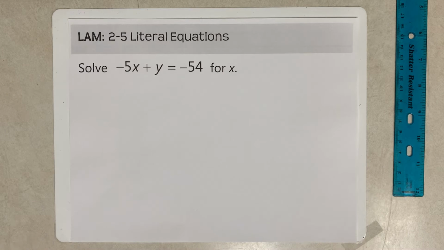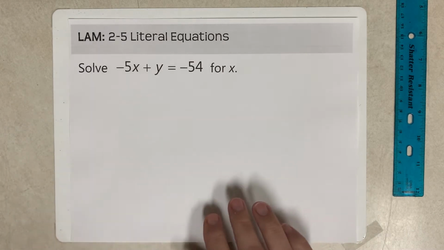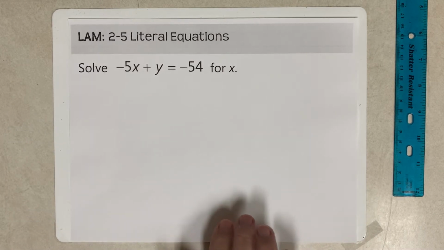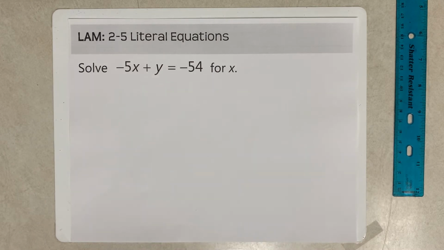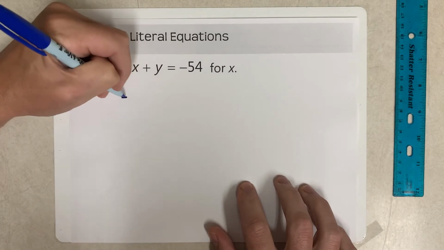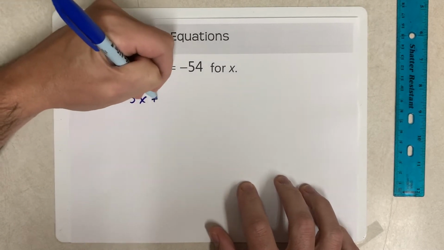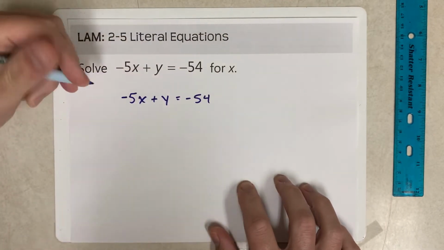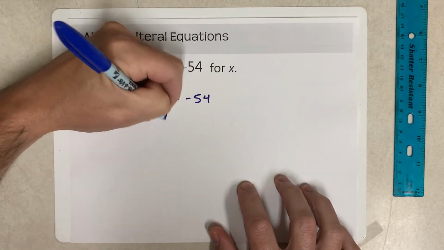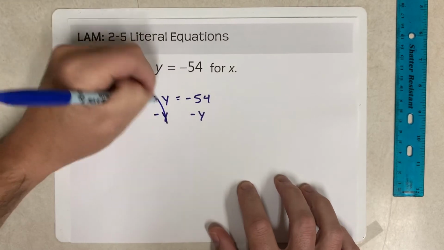All right, here we have negative 5x plus y is equal to negative 54. This time we need to solve for x. So let's get x by itself. We have negative 5x plus y equals negative 54. What I'm going to do is take y away from both sides like that.